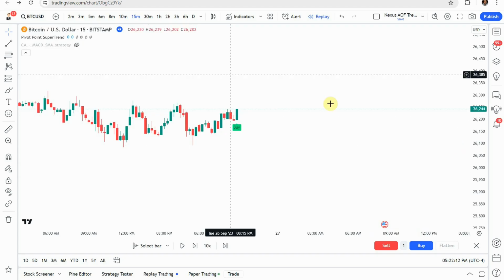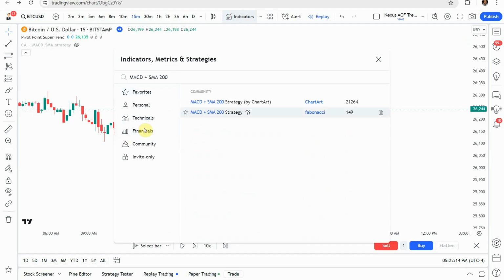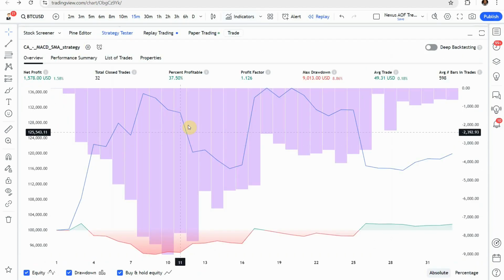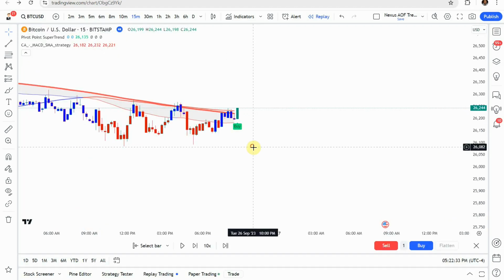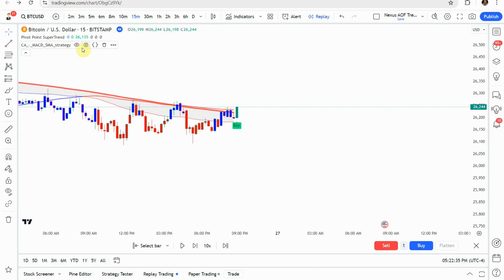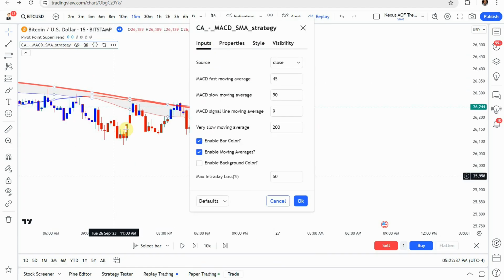The next indicator we will add to the screen is going to be the MACD plus SMA 200, and so it'll be this one right here. Actually, it will be the strategy one right here, this lower one. Go ahead and click on that and add it to the screen, and when you do, it'll pop up a strategy tester like this right here. Just click this tab right here to close out of that, and then go ahead and jump into the settings of this one as well.